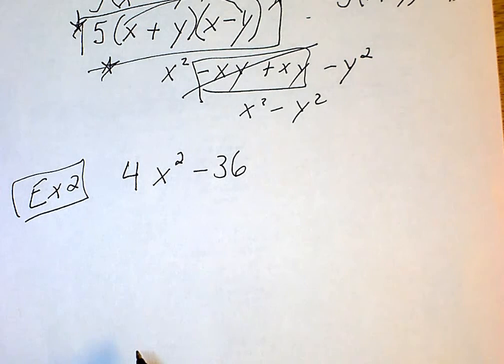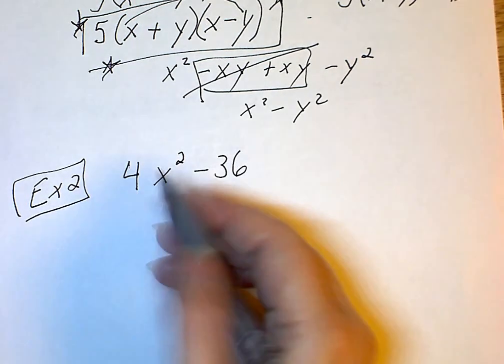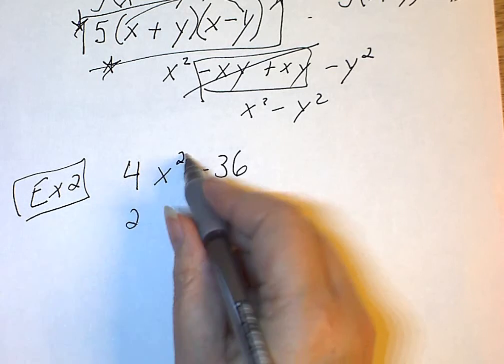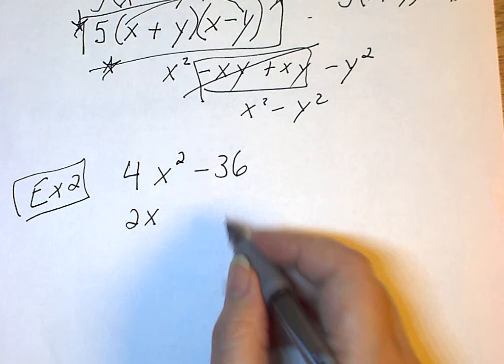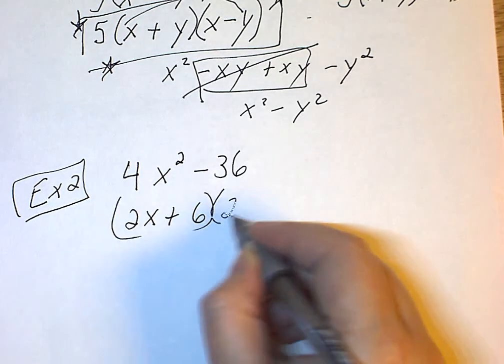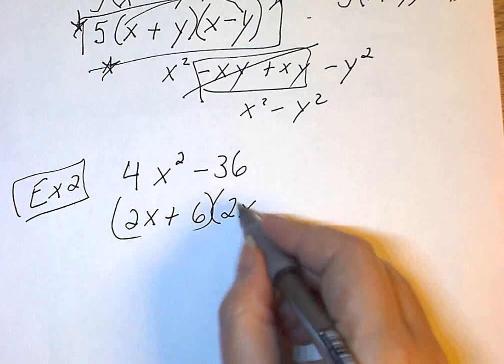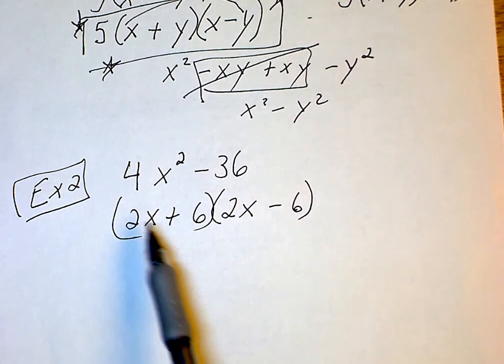So you take the square root. What's the square root of 4? 2. Then we have x. The square root of 36 is 6. So it's 2x plus 6, 2x minus 6. If you multiply them out, remember, you'd get your 4x squared.